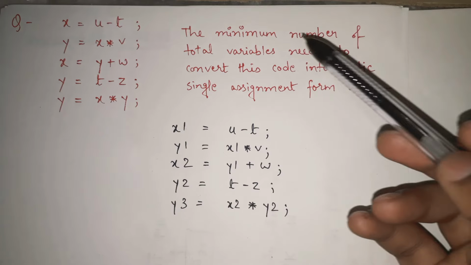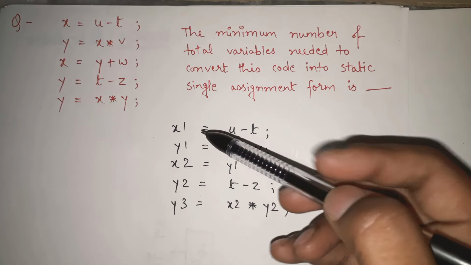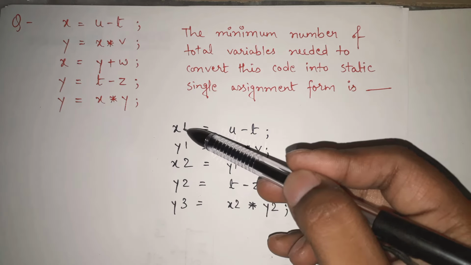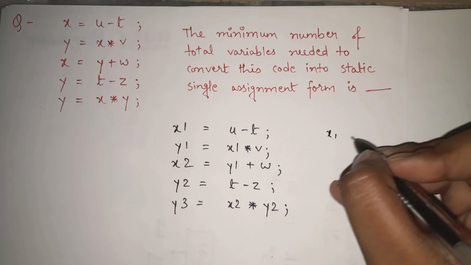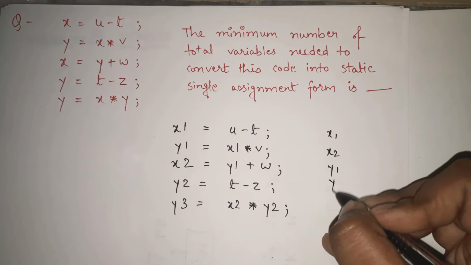Now we simply have to count the total number of variables needed. First, these 5 will be as it is: X1, X2 and Y1, Y2, Y3.